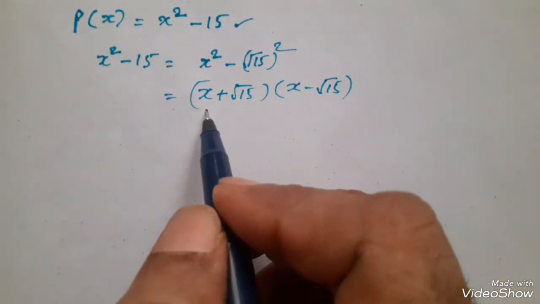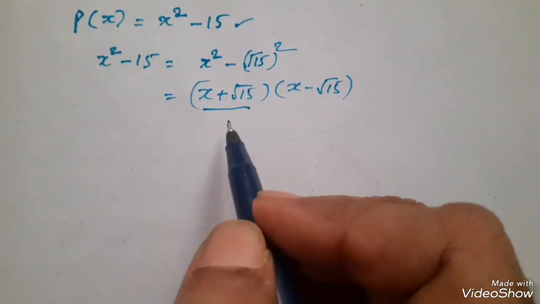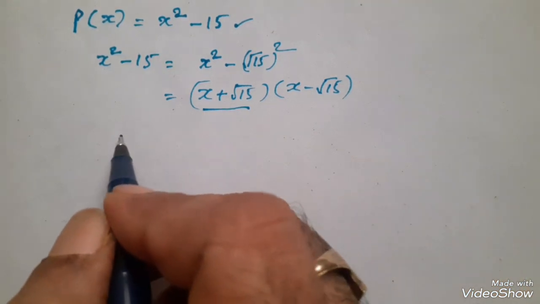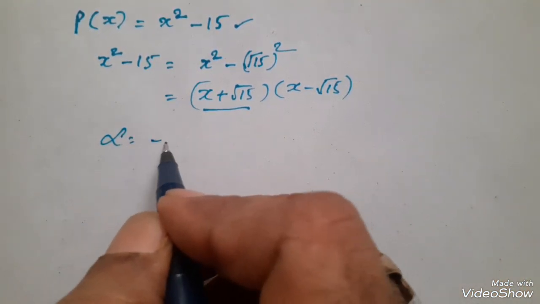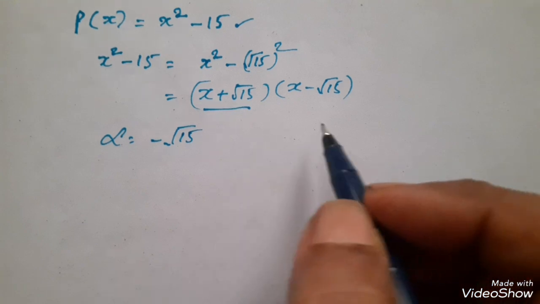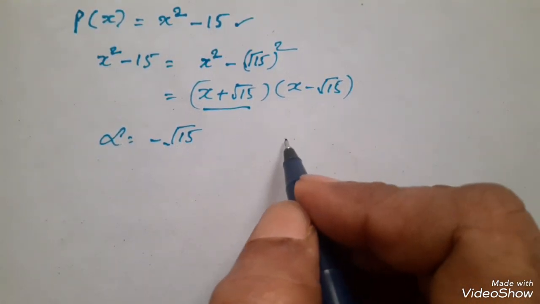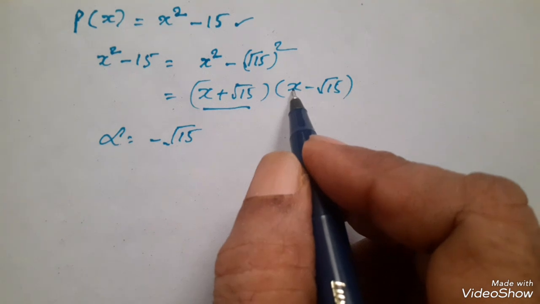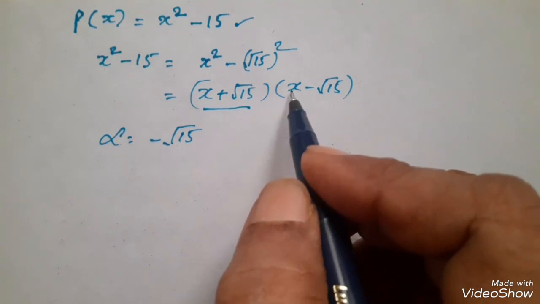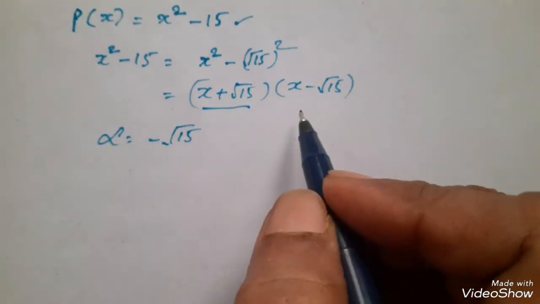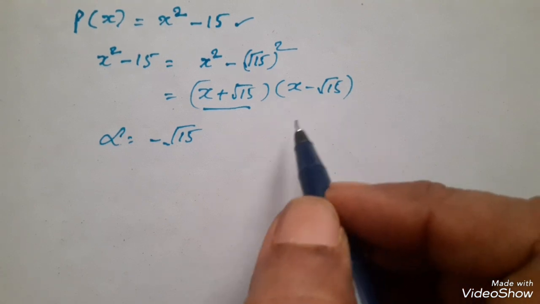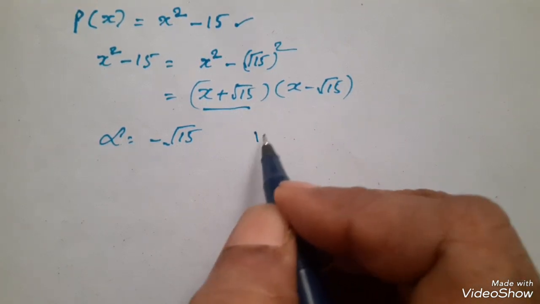So the zero of x plus root 15 is minus root 15. So one zero is minus root 15. And the zero of x minus root 15 is plus root 15. It means in the place of x, if you write plus root 15, this will be 0. So the zero of x minus root 15 is plus root 15.